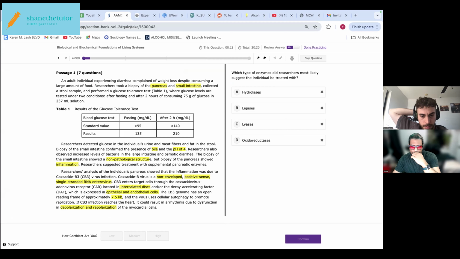So what would pancreatic enzymes generally do?